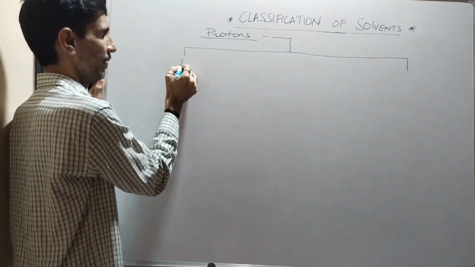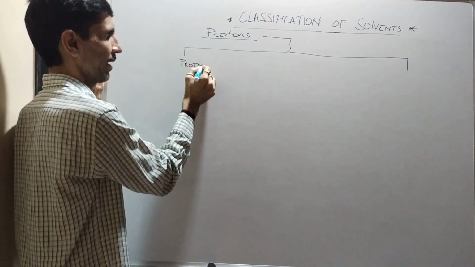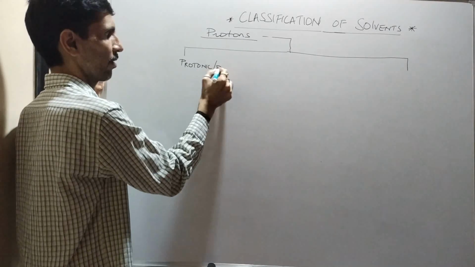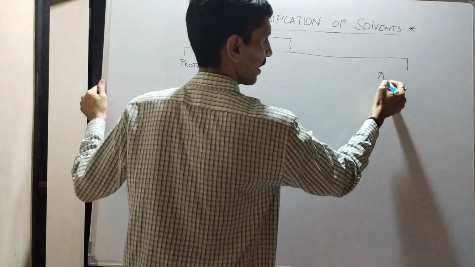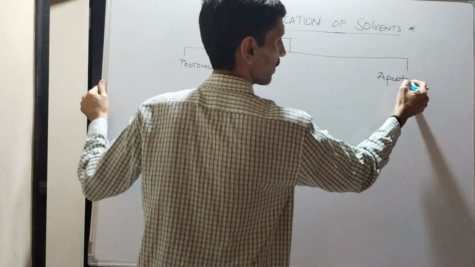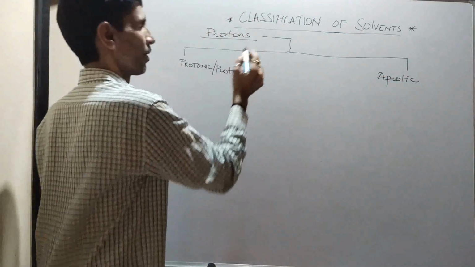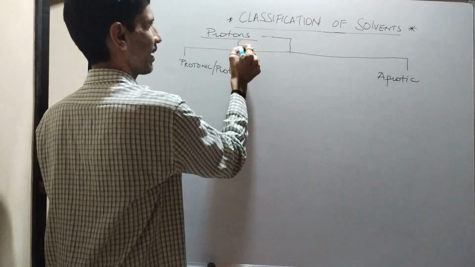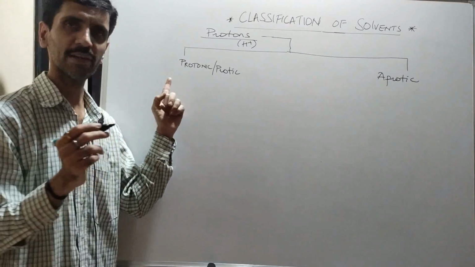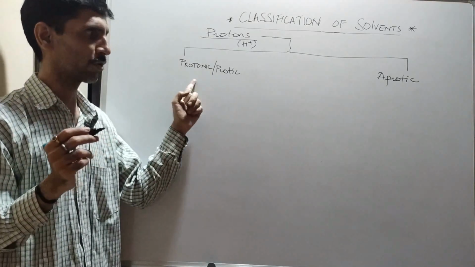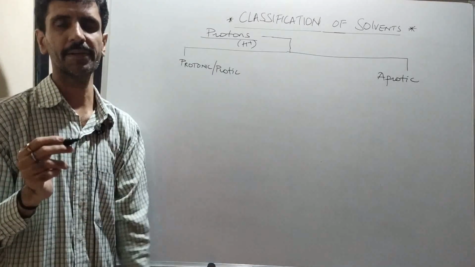The first category we talk about is protonic solvents, and the other is aprotic solvents. On the basis of protons, that is H+, solvents are classified broadly into two categories, protonic and aprotic.